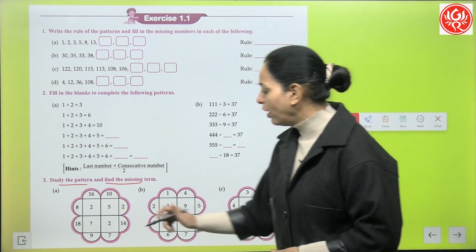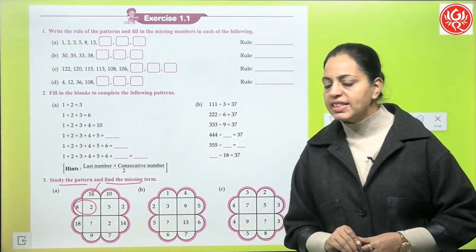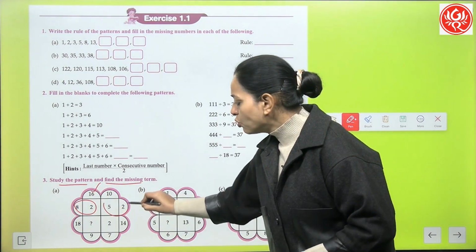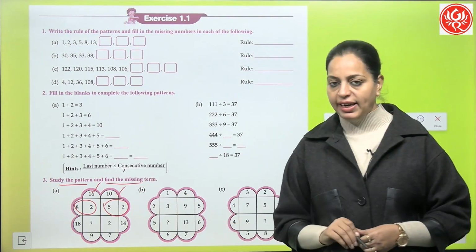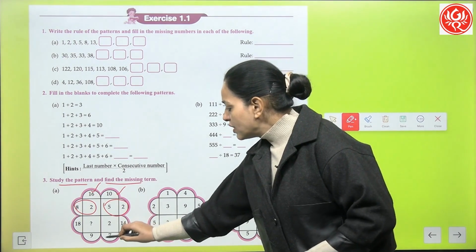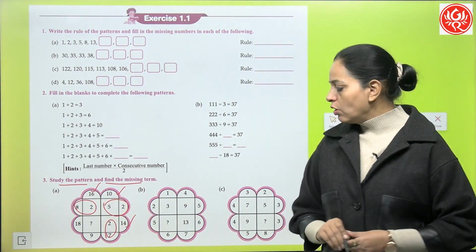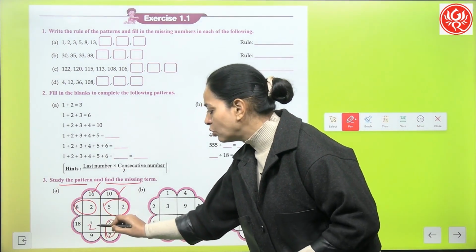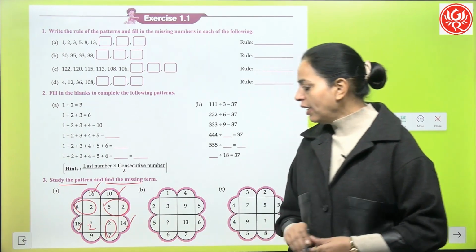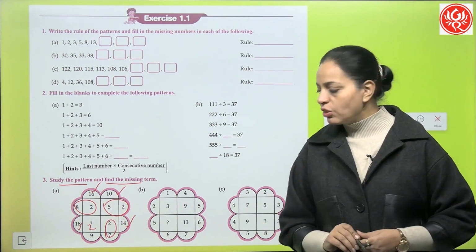So we can see over here 8 into 2, 16. 5 into 2, 5 multiplied by 2, that is 10. And here 7 into 2, that is 14. So here what should I write? 9 into 2, that would be 18. Okay. So I hope this is clear to you.